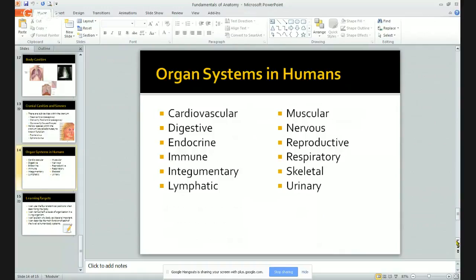Your digestive system is self-explanatory. Most people know that one. It's going to break down your food and convert it into chemical energy, or ATP. Your endocrine system is your system of hormones, which you may not like from puberty, but they do help you with all sorts of things.